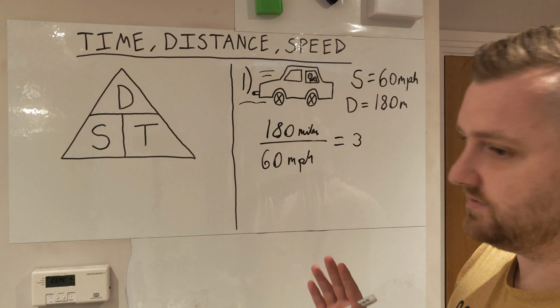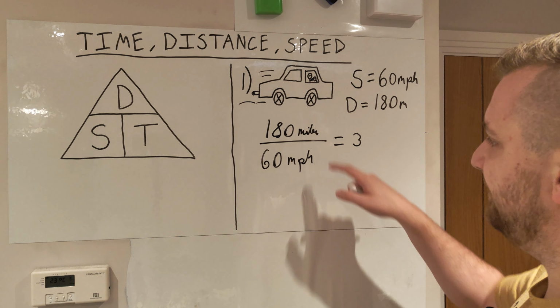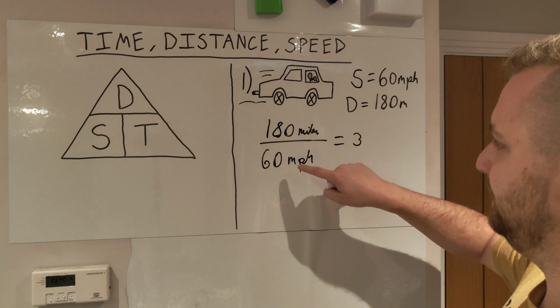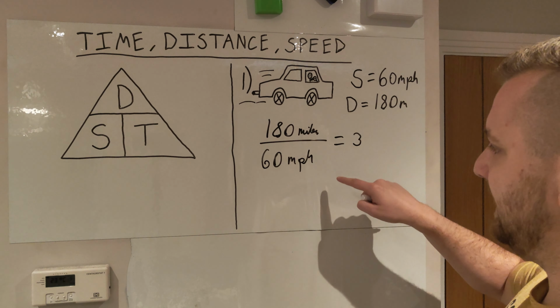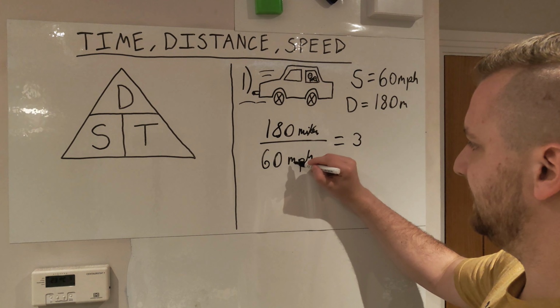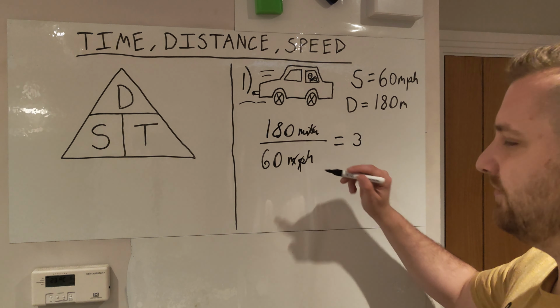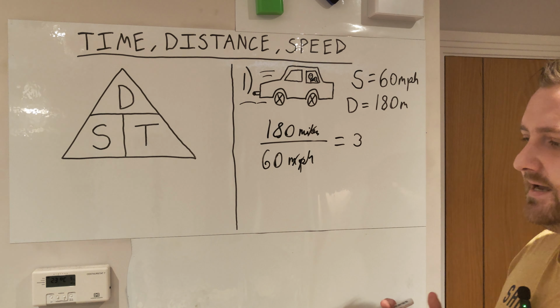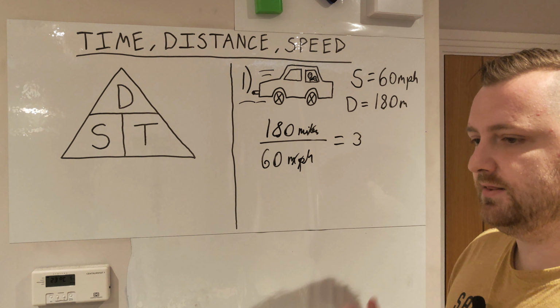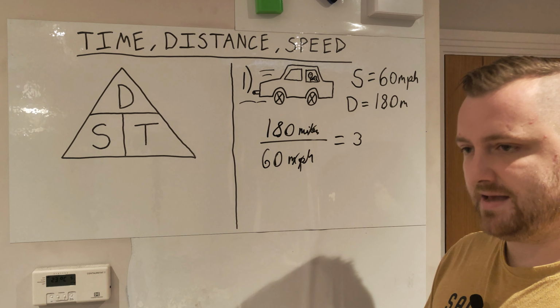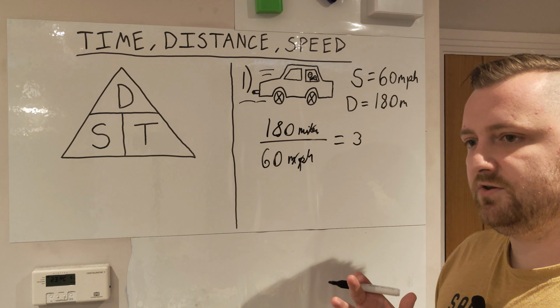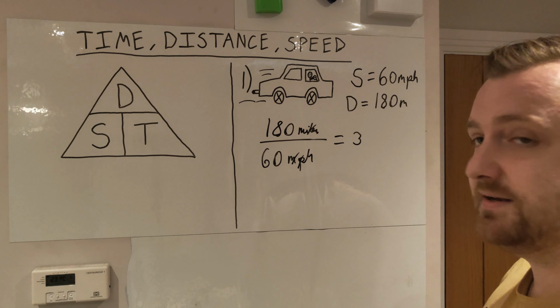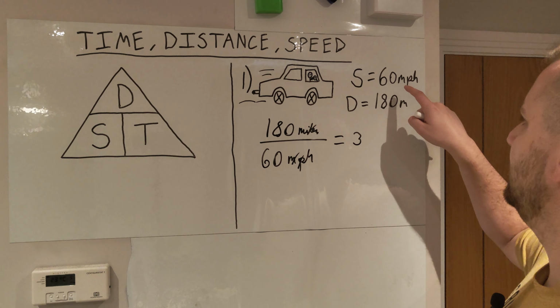And maybe someone else can explain this in the comments, but I find it very confusing how you have the per hour on the bottom, like the miles cancel out, and then you kind of have the hour on the bottom. But I guess, looking into it, the way you know the unit of measure is however you measured your speed. So let's say you are working out time.